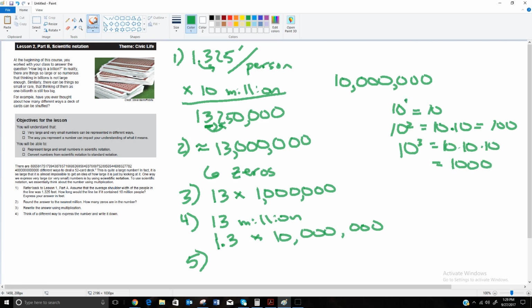So you notice, however, whatever the power is, if it's got a base of 10, you have that many zeros. So 10 to the second has 2 zeros, 10 to the third has 3 zeros, and so on. And those zeros, again, make the decimal spot move.